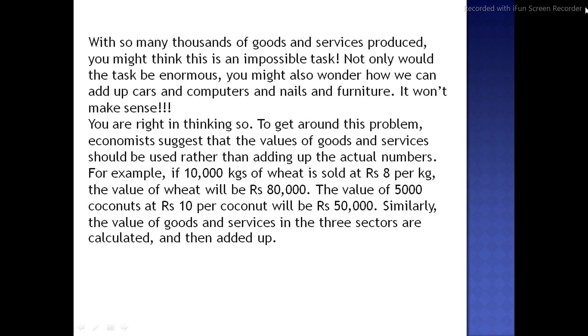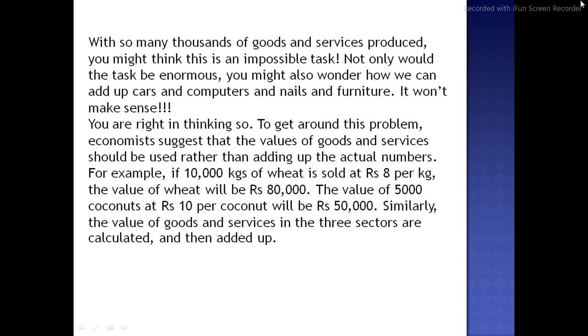The value of 5,000 coconuts at 10 rupees per coconut is 50,000. Similarly, the value of the goods and services in these three sectors is calculated and added up. I hope it is clear to all of you how the value of the total goods and services is evaluated or calculated.